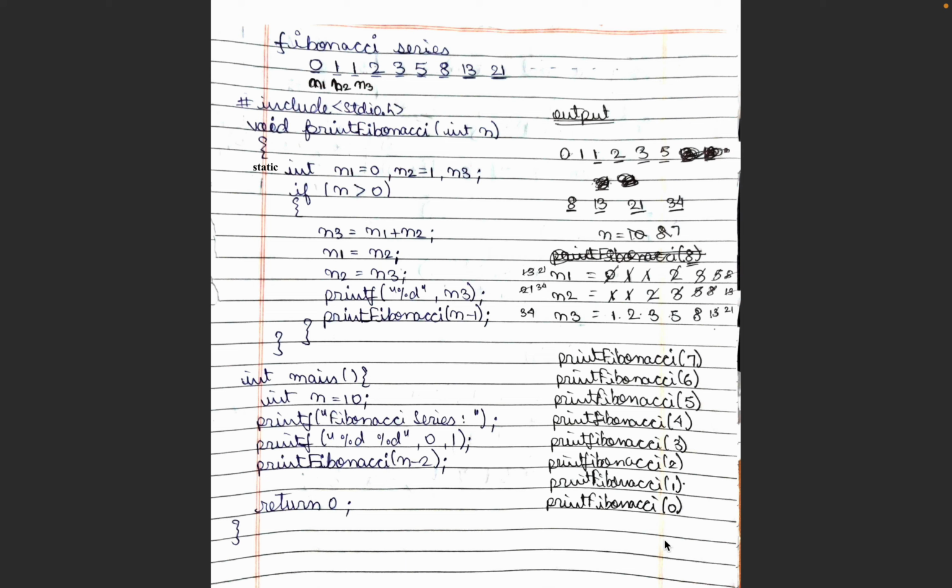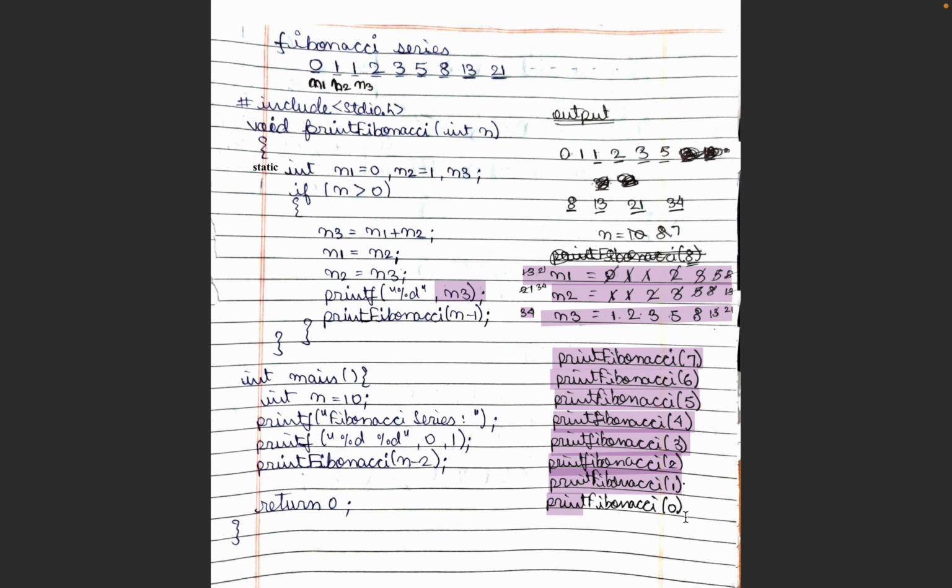So print Fibonacci 0 will have no value, so it will go above to Fibonacci 1 with no value. In my previous question, there was multiplication with this function, so we were multiplying that number. Now we are not having any multiplication, like 1 into print Fibonacci 1 or 2 into print Fibonacci 1. So it will just return null to everything.